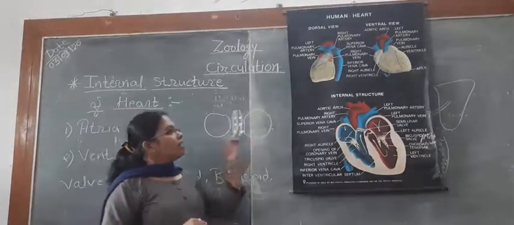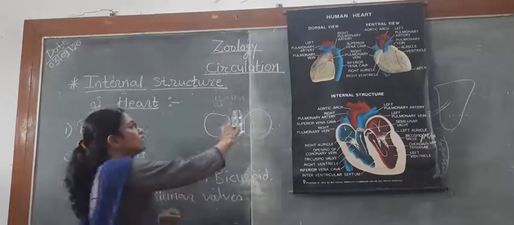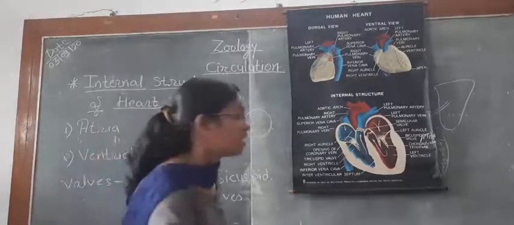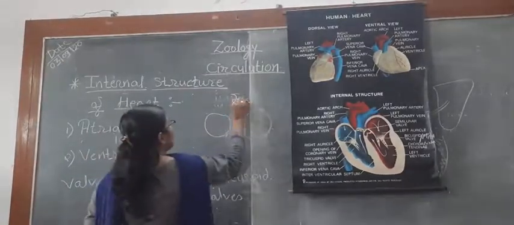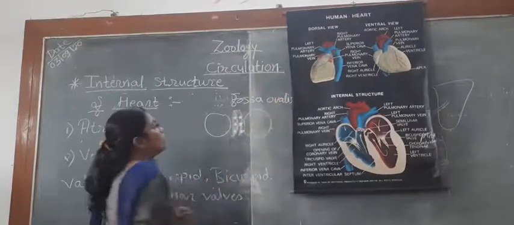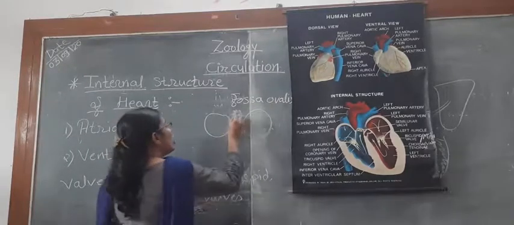In a premature case, between the right atrium and left atrium, near the wall of the right atrium there is a small opening. It is called the fossa ovalis. This fossa ovalis is nothing but a small opening.